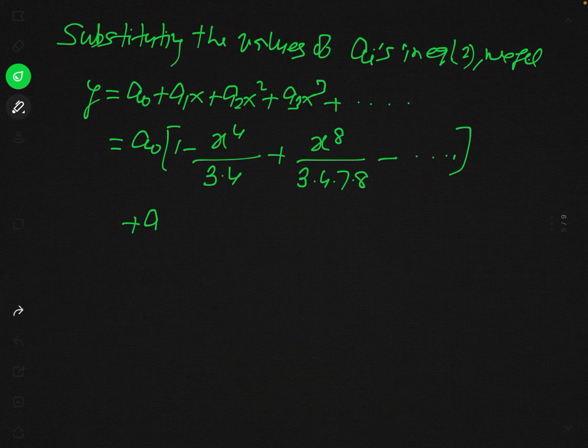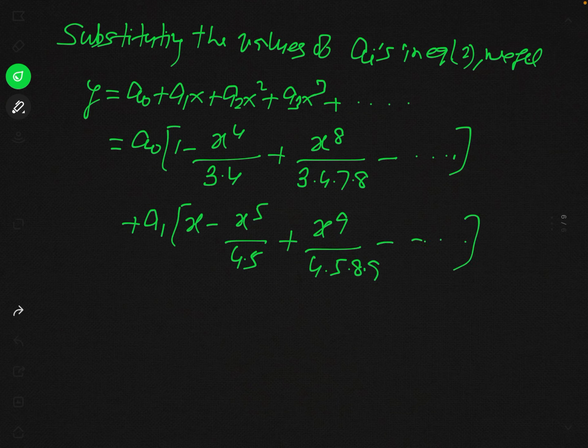And now take A1 as a common factor, then there will be x minus x to the power 5 by 4 into 5 plus x to the power 9 over 4 into 5 into 8 into 9 and minus so on. You can check it. And so this is actually the general series solution of that given equation.